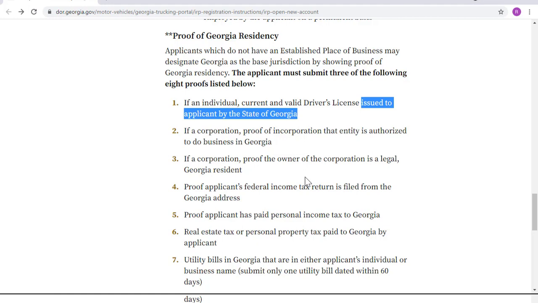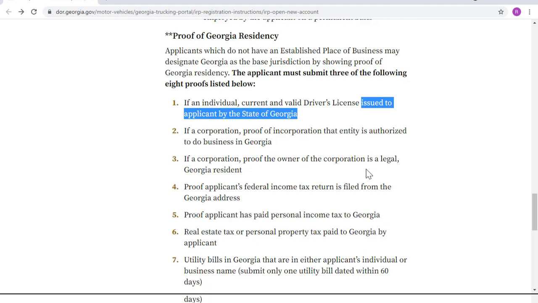In Georgia. You can't do business in Texas and you're trying to prove Georgia residency, right? Okay. Number 3, if you're a corporation, proof the owner of the corporation is a legal Georgia resident.